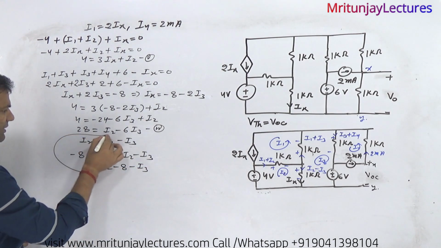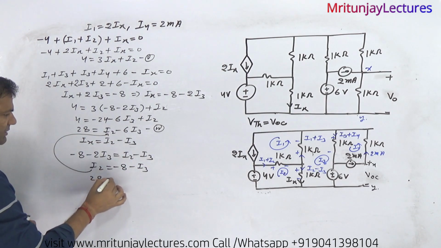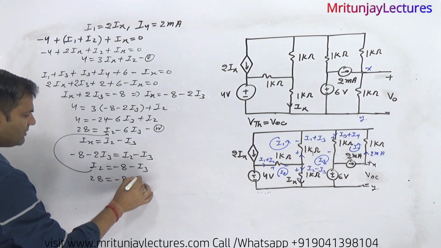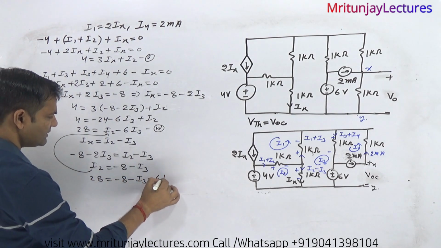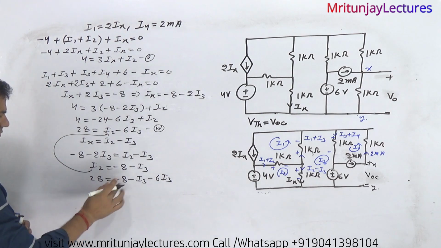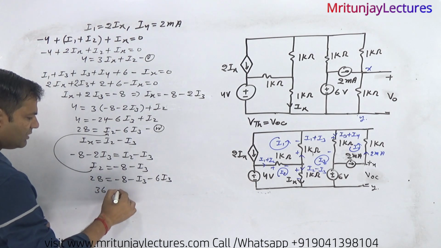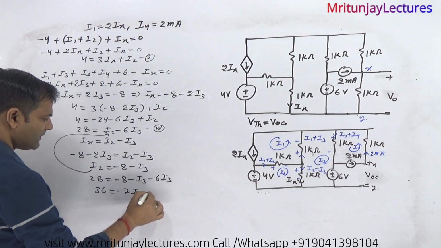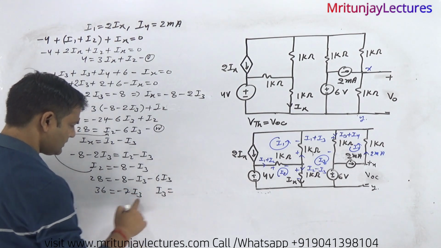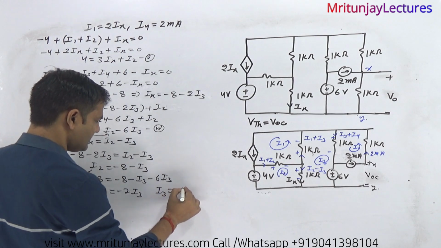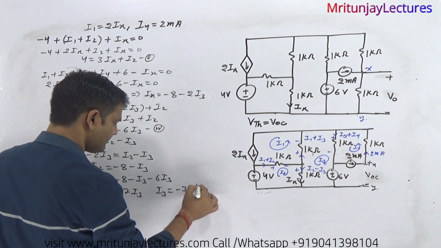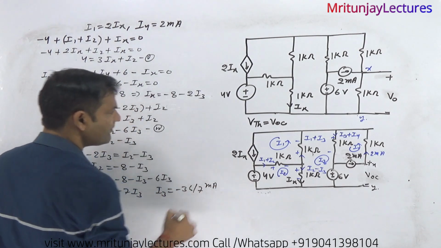If we put this value here, 28 is equal to minus 8 minus I3 minus 6I3. So that is 36 equal to minus 7I3. So I3 is written as minus 36 by 7 milliampere.